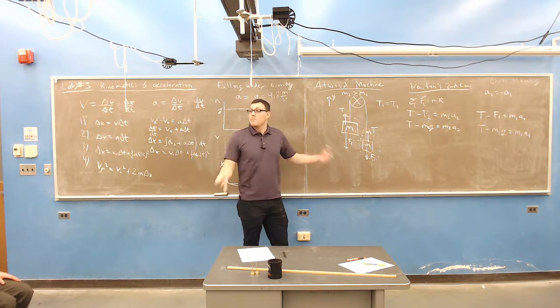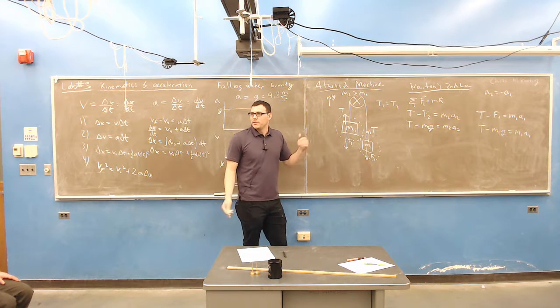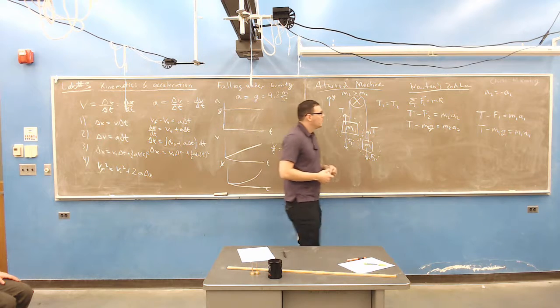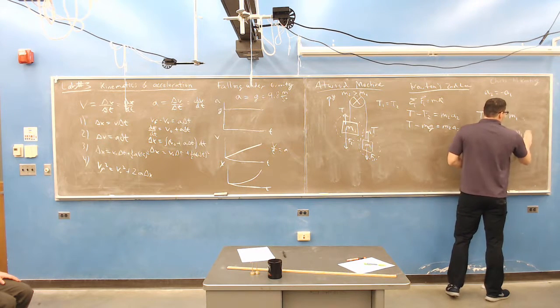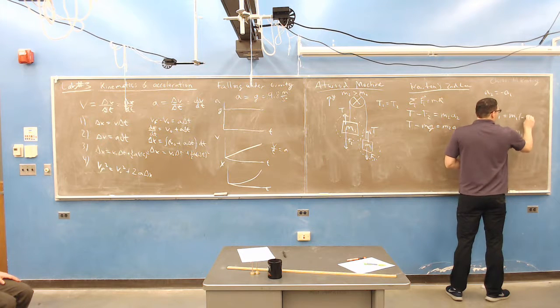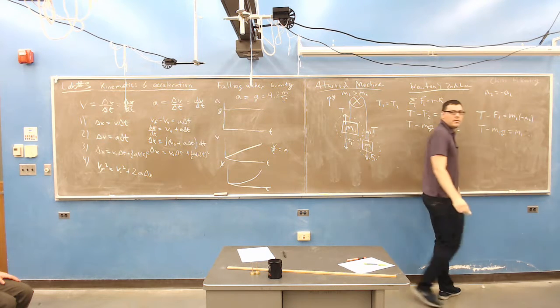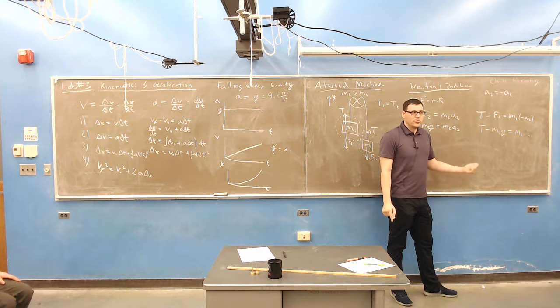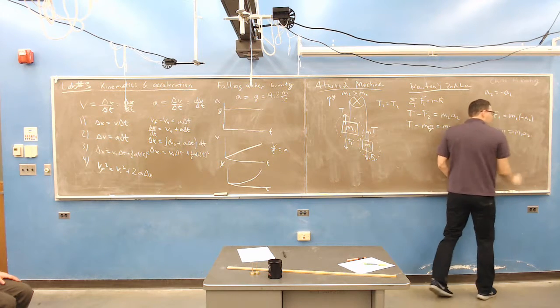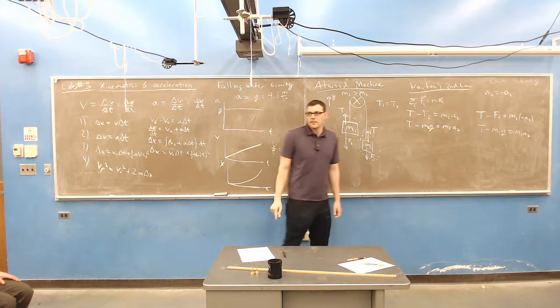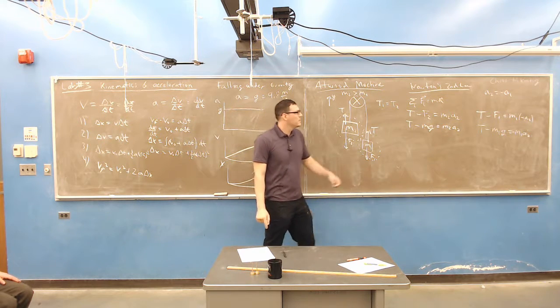So they both have the same magnitude, but they're in opposite directions. So I'm going to replace this guy here with minus A2. Does that make sense? One's going up, the other one's going down.